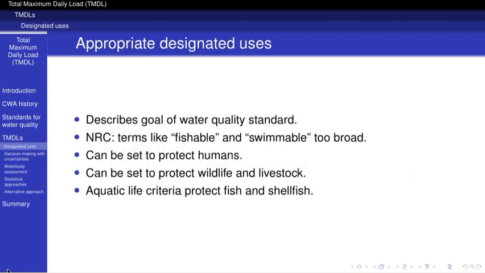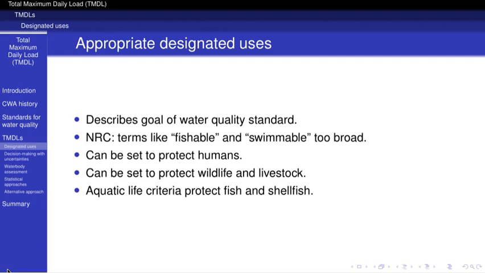A designated use describes the goal of the water quality standard. The National Research Council's TMDL review found that stating a designated use with terms such as fishable and swimmable are too broad to be useful. It is better to distinguish between, for example, full body contact with water by swimming and partial contact while boating or wading when fishing.